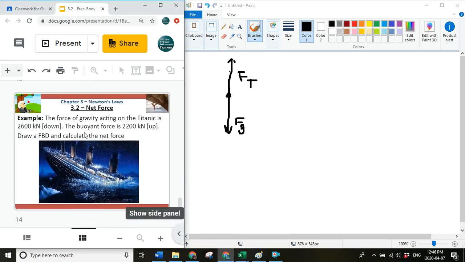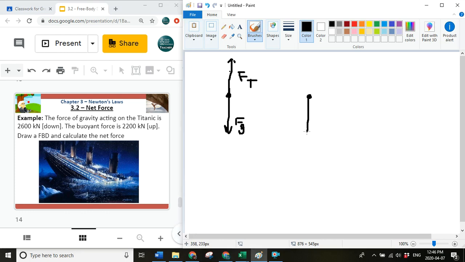Let me get to the Titanic. Now, the Titanic has a force of gravity of 2,600 kilonewtons and has a buoyant force that's up like this. Now, as you know, the Titanic hit an iceberg, so the buoyancy was affected by all this water that entered into the ship's hull.